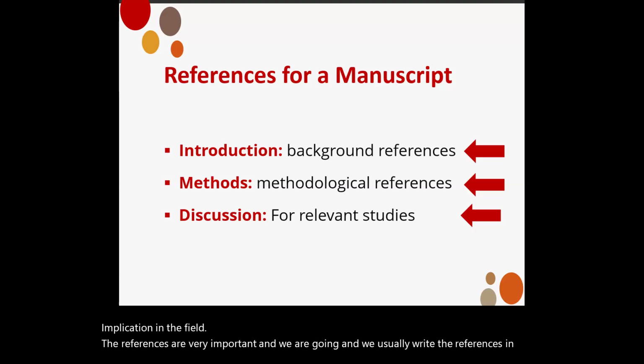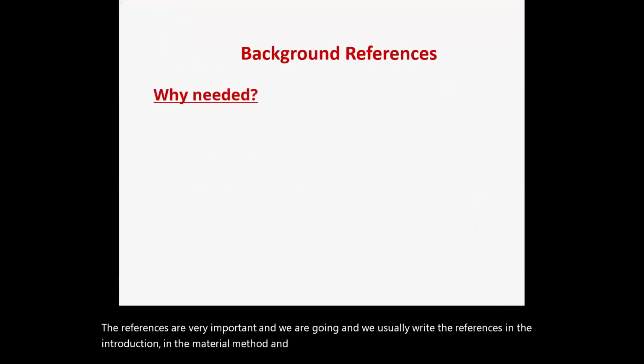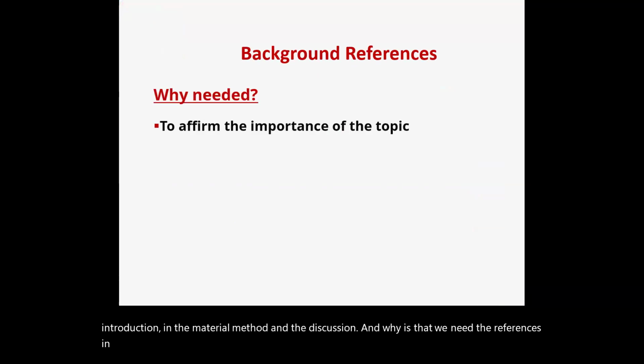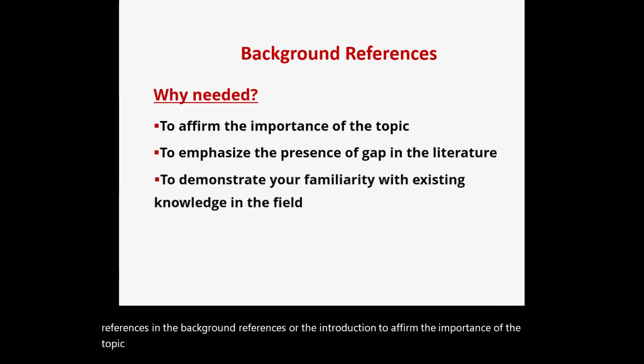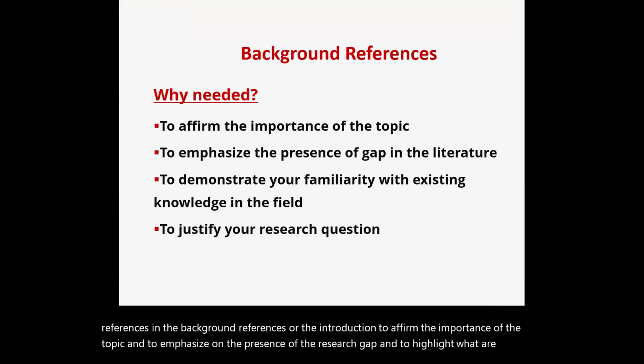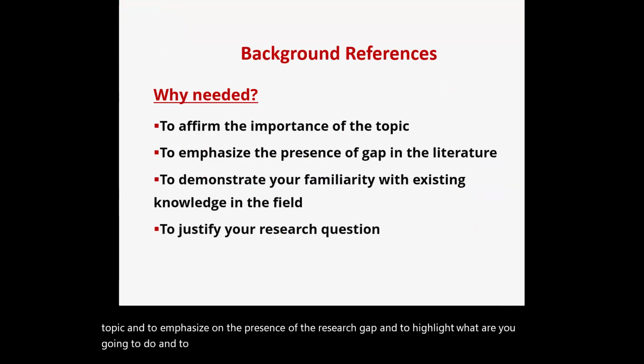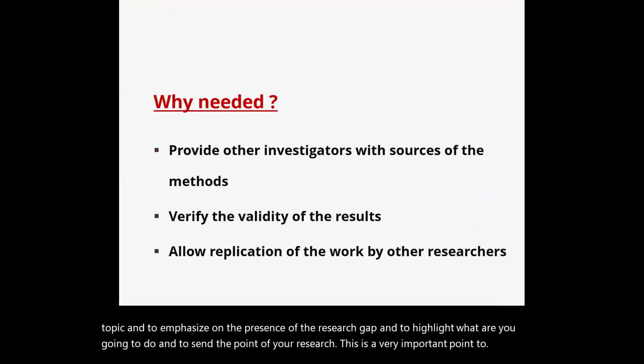The references are very important, and we usually write the references in the introduction, in the material and methods, and in the discussion. And why is that? We need references in the introduction to affirm the importance of the topic, to emphasize the presence of the research gap, to highlight what you are going to do, and to sell the point of your research. This is a very important point to justify your research question.